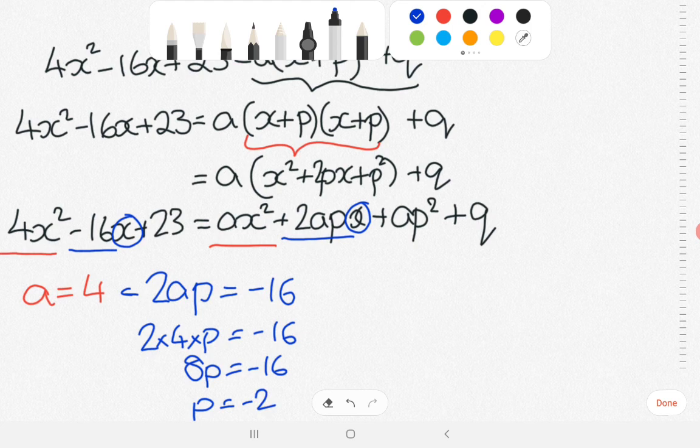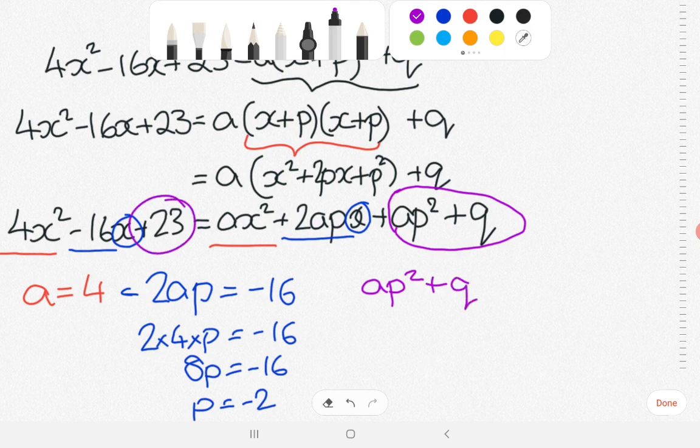So the final thing I just need to get is q. ap squared plus q is all the numerical things, all the stuff that's not with an x. So ap squared plus q is equal to positive 23. Remember, pay attention to whether it's positive or negative, because that's going to affect our answers. Now we've got a value for a, that's 4, and a value for p, that's negative 2.